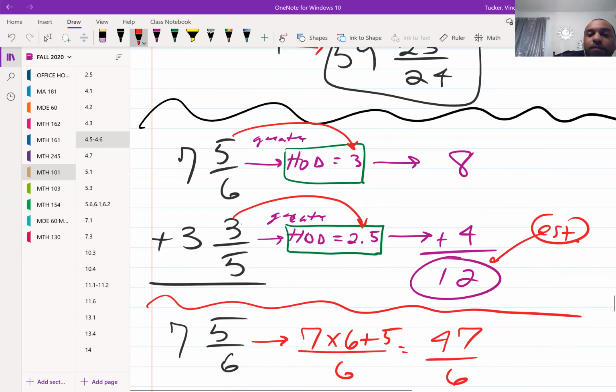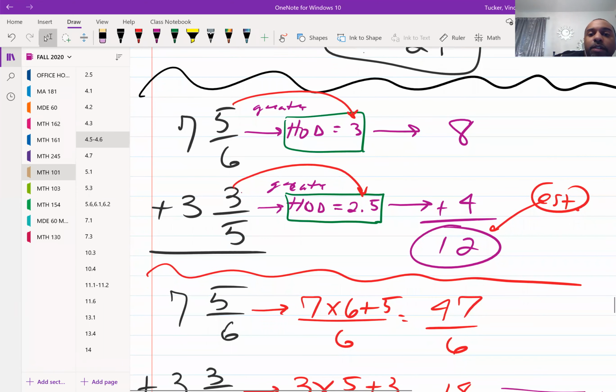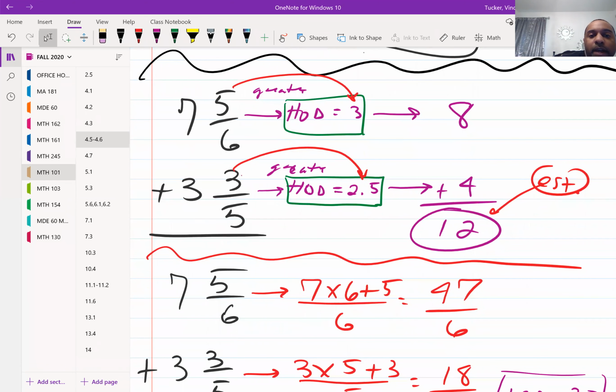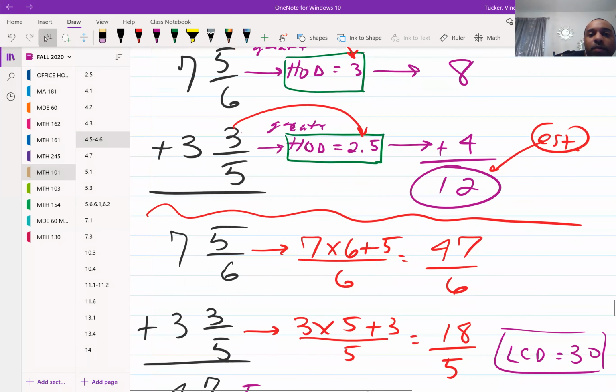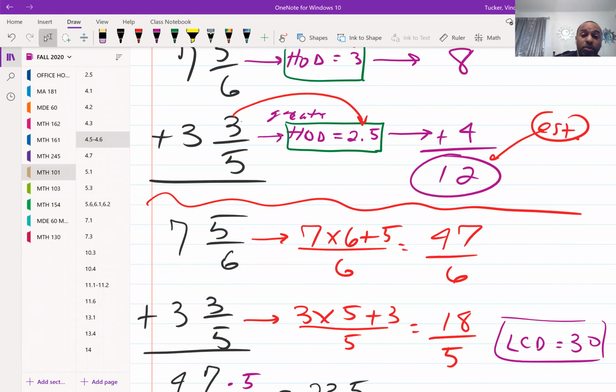All right, so finding the actual. So this time, instead of adding them as mixed numbers, just showing you the other way you could do it, which is converting them to improper fractions like we did with multiplication and division, and then adding them. So it's up to you which way you want to do it. So I took the 7 and 5/6.